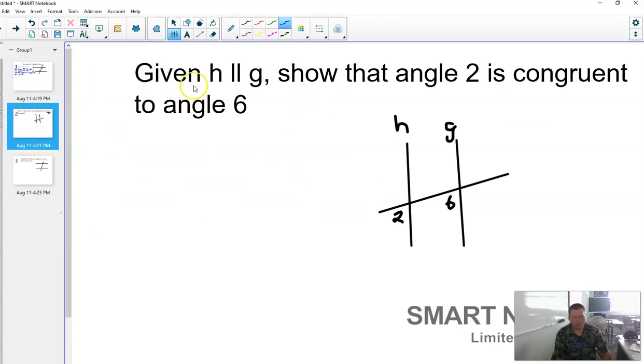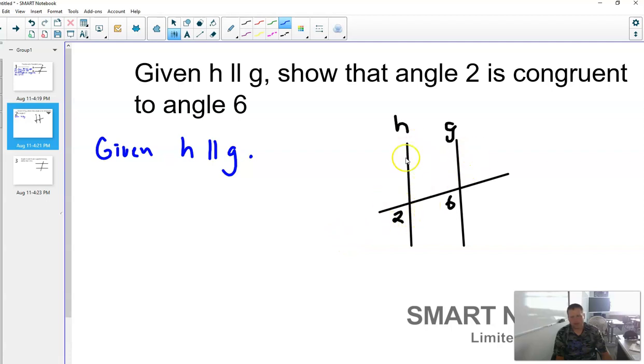It's fairly simple here. So I'm given that H and G are parallel. I want to show that angle 2 and angle 6 are congruent to each other. Okay? So, again, for my proof, I'm just doing a paragraph proof. I'm just writing my ideas down. So I'm just going to say that given that H is parallel to G, that's what I'm given here. And so the next thing I can say, now let's just think about this before we write this down.